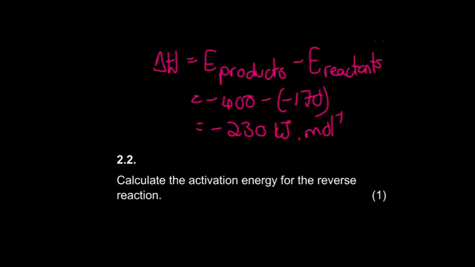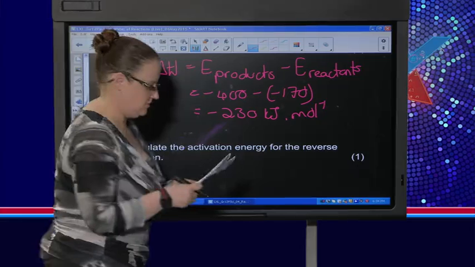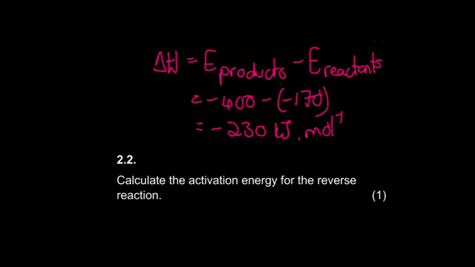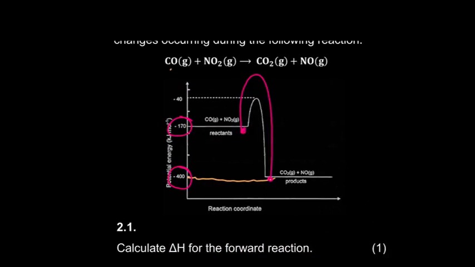I'm just going to double check because you never know how bad the maths can be on a live show. You guys, not so bad. Now it says calculate the activation energy, very important here, for the reverse reaction. For the reverse reaction, we're going the other way around, and your activation energy is the difference from here to here.